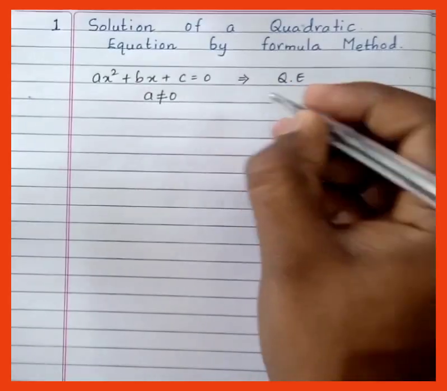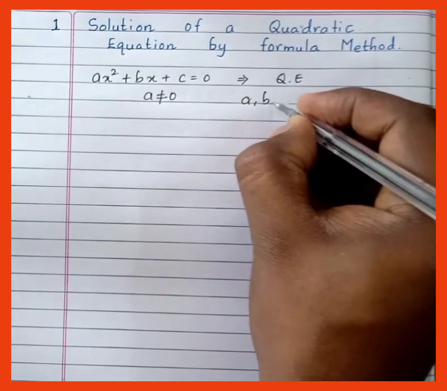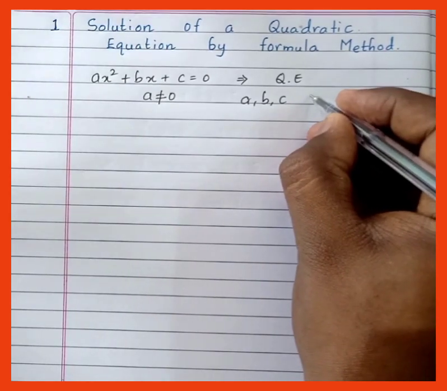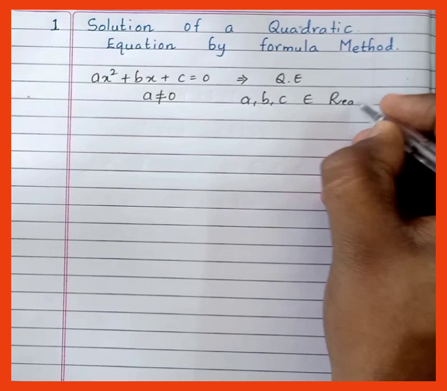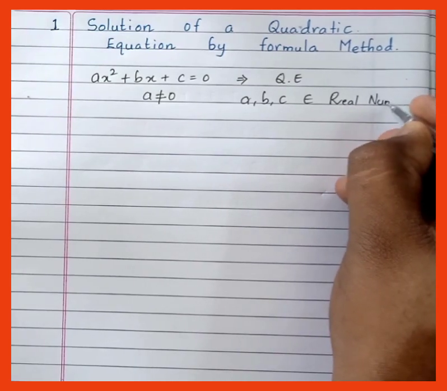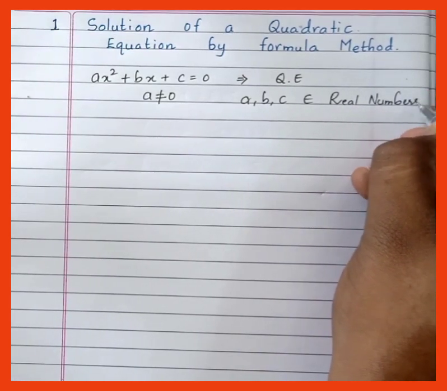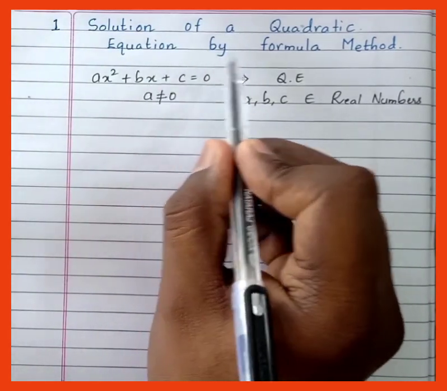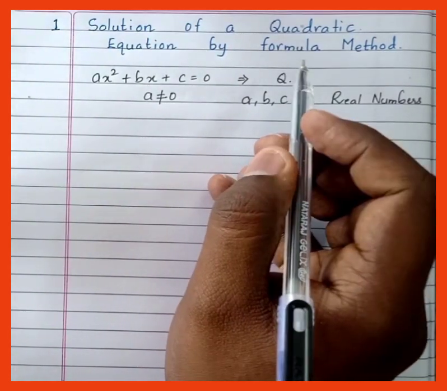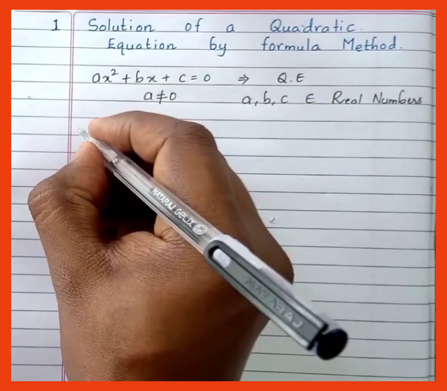Any equation of the form ax square plus bx plus c equals 0 is called a quadratic equation, where a, b and c are real numbers. Now we'll try to find the solution of the quadratic equation by formula method.